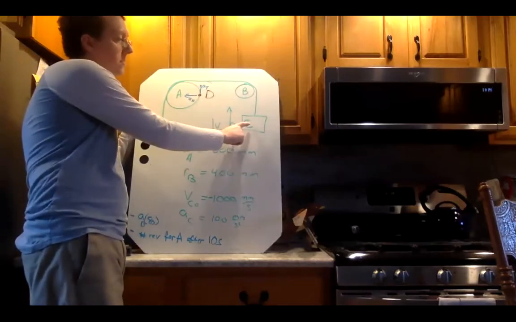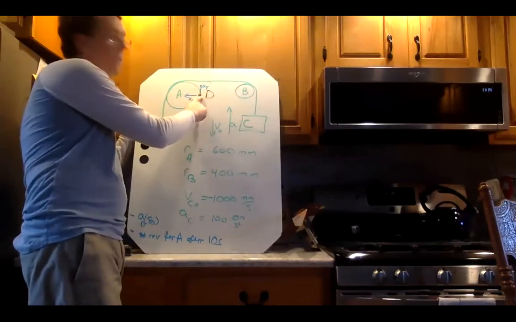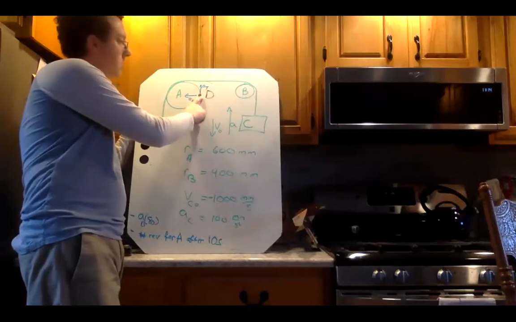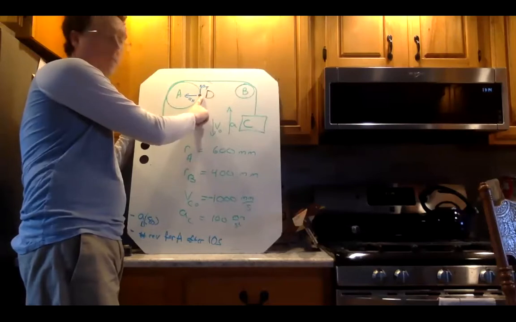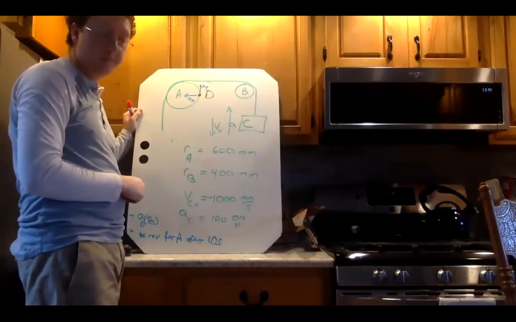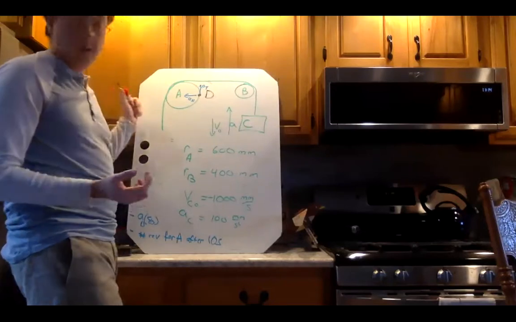So the acceleration of c is the same as the tangential acceleration. You just have to multiply it to find the tangential acceleration. You could do it that way, yeah.